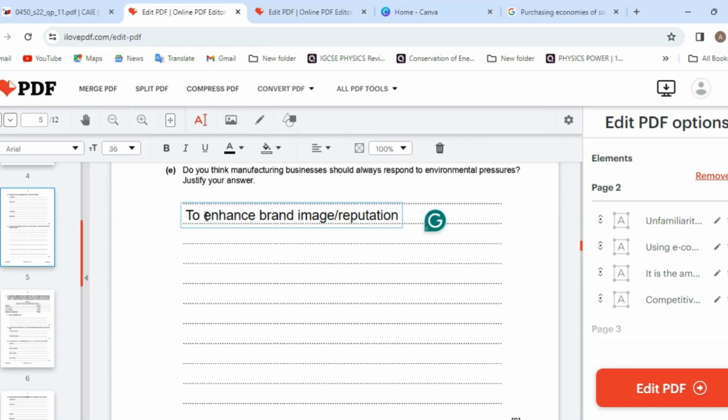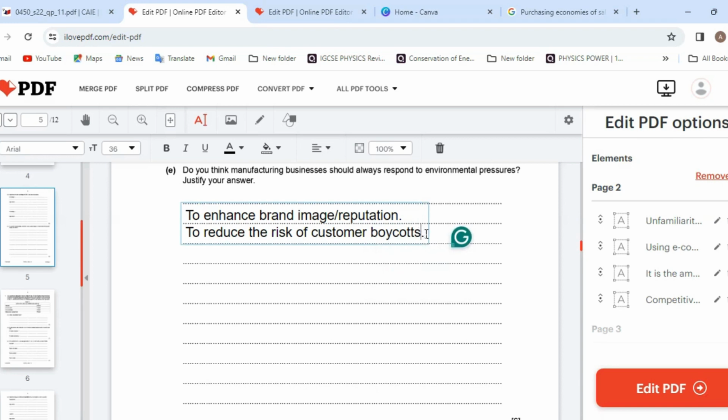It can be to reduce the risk of customer boycott, so that they will not be telling each other the negative part of the business, what's wrong. Okay, they will not be telling themselves.